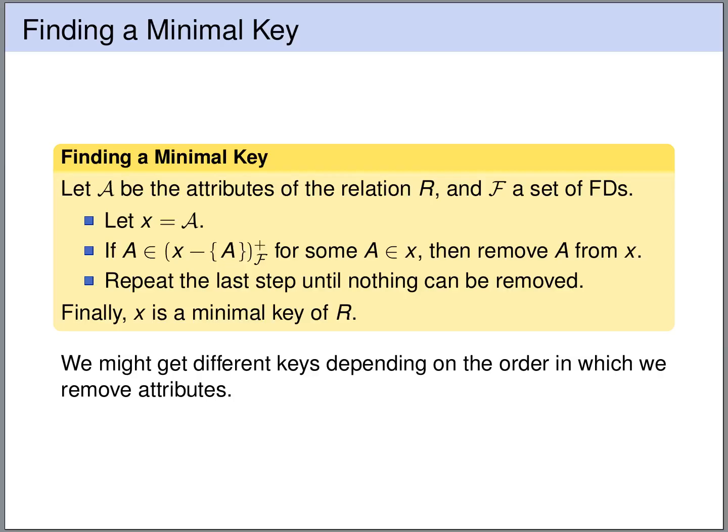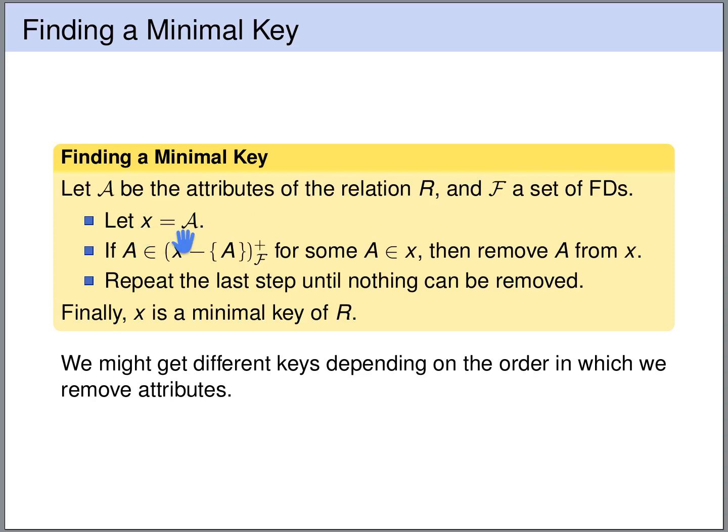Finding some minimal key is really easy. Let's say we have a relation R with attributes A and we have a set F of functional dependencies for R. And now we want to find some minimal key for R. We start with a set of all attributes for R. So X is the set of all attributes.